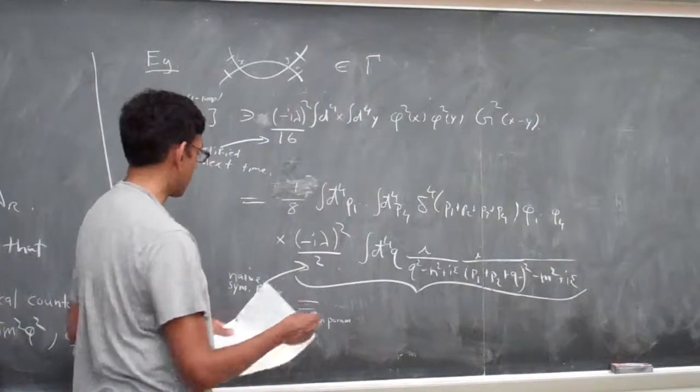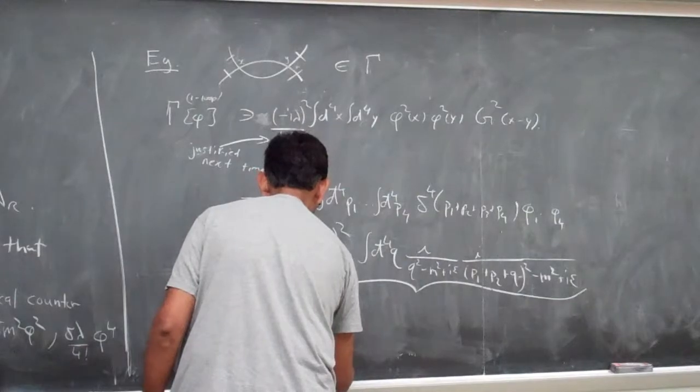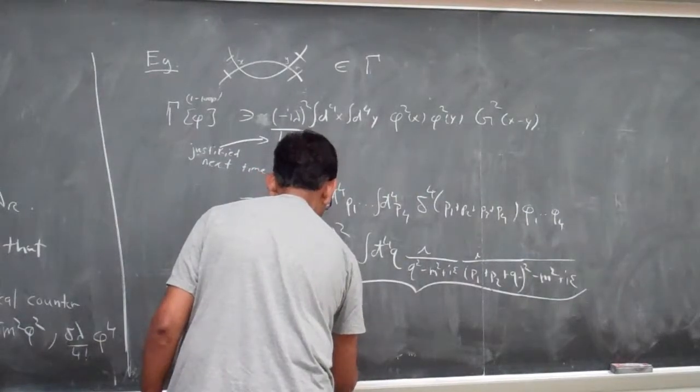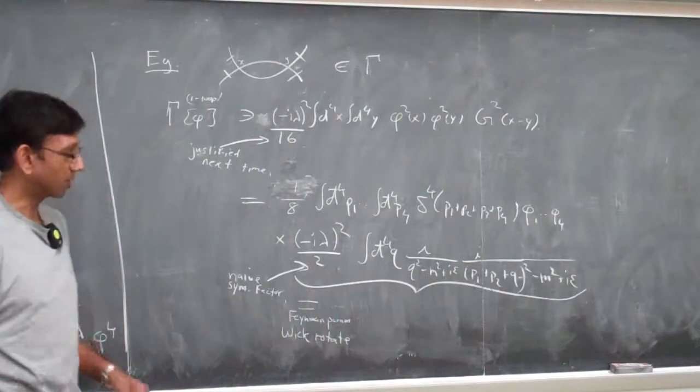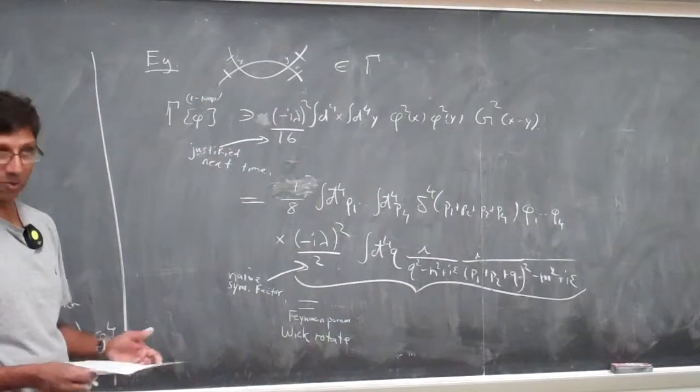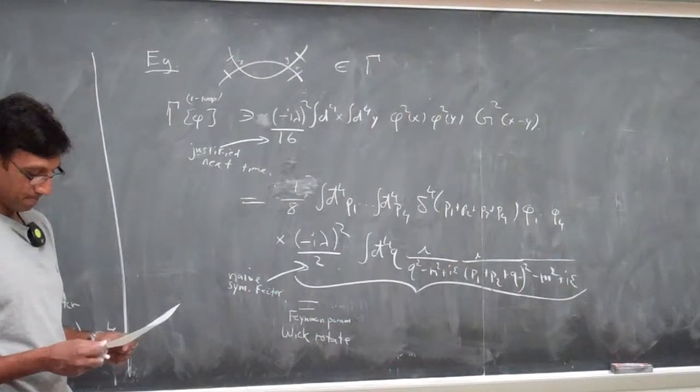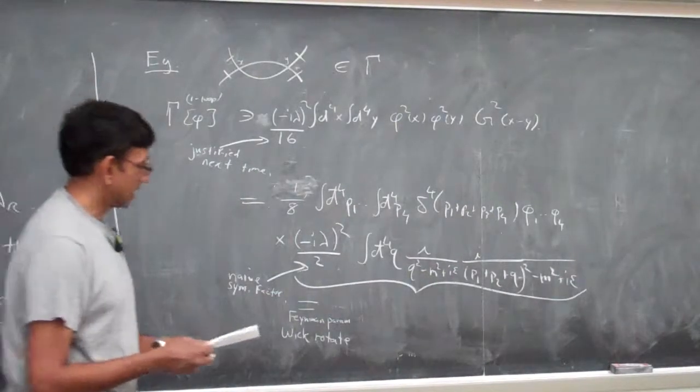What else do we want to do? After that, we learned in one of the homeworks that we can Wick rotate the Q, at least, the loop integral. And so what do we get?